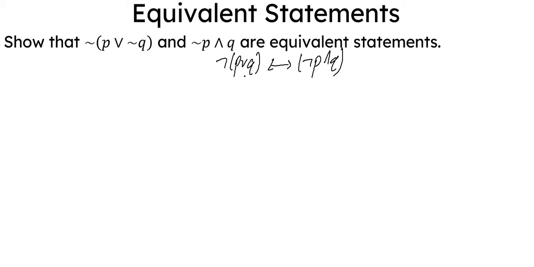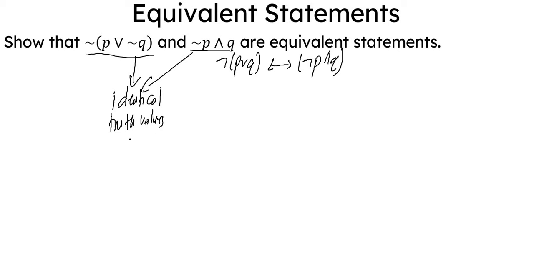We would have to find the truth table for this one. Remember that these separate statements would have to have identical truth values at their final columns.